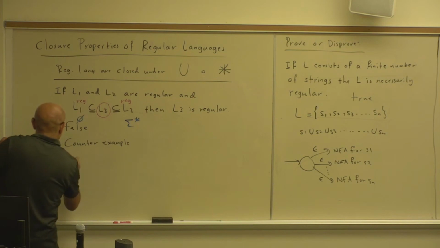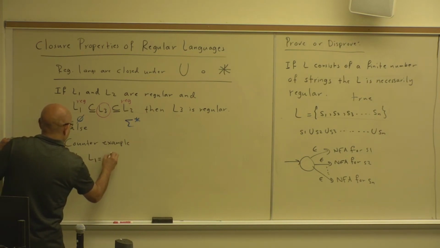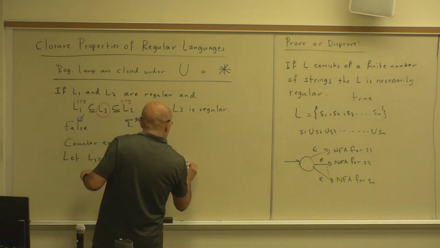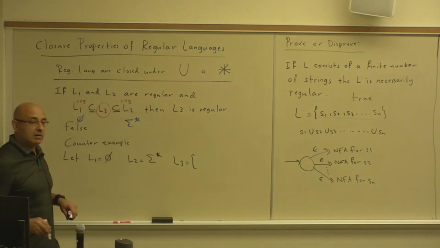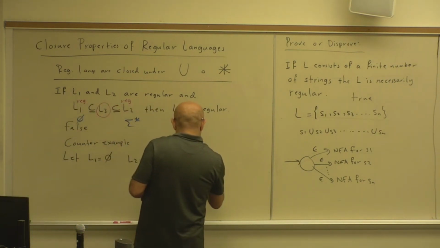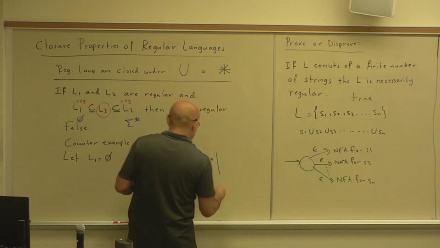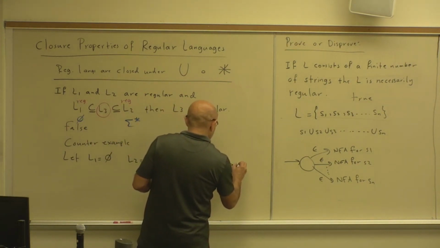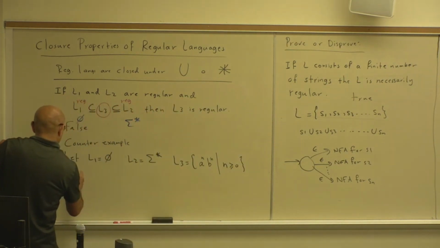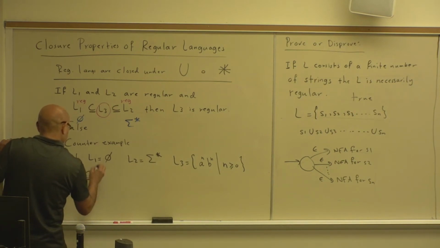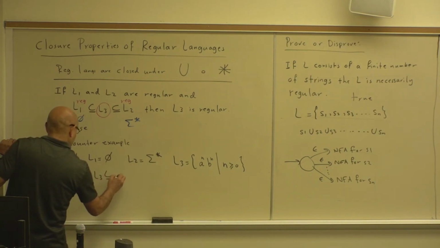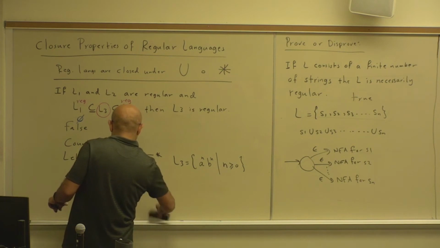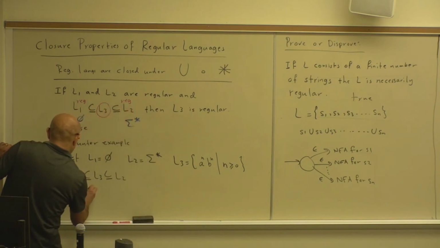So let L1 equal phi, L2 equal sigma star, and L3 equal one of the languages that we know are non-regular, which is a^n b^n, our famous non-regular language that we proved last time to be non-regular, for n greater than or equal to 0. So L1 is a subset of L3 is a subset of L2, but L1 and L2 are regular.